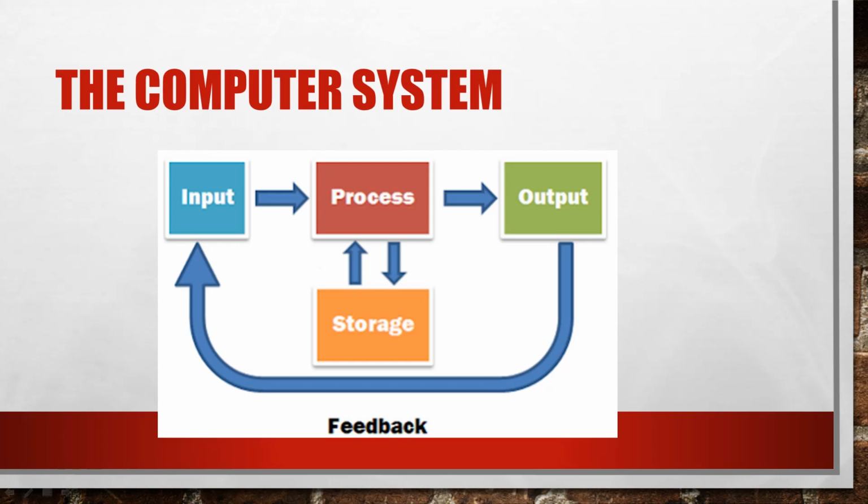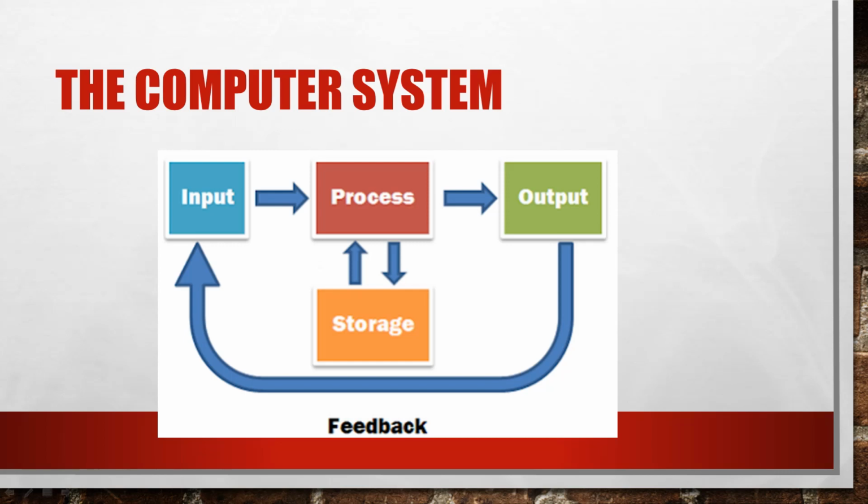So you input to the computer, 2 plus 2. The computer processes that and says, 4. The input might be, open a document; the computer processes and says, oh yeah, that's on the hard drive. And then it outputs it.